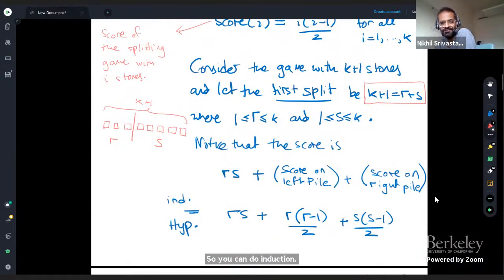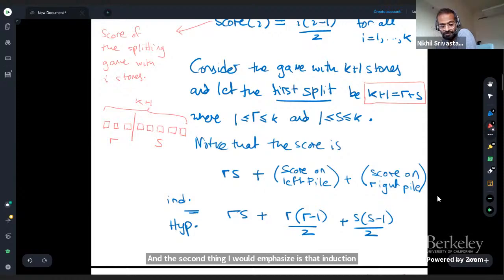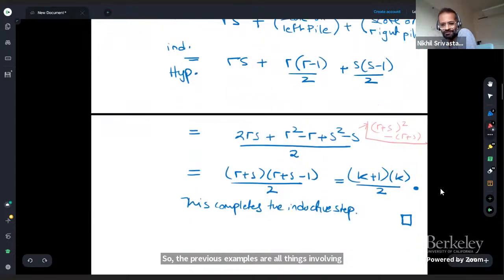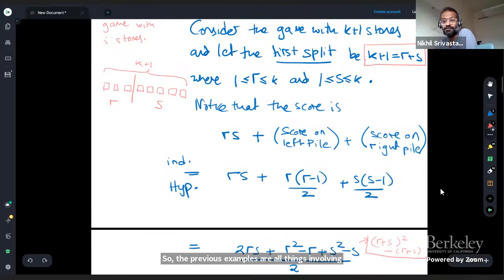And the second thing I want to emphasize is that induction is commonly used to analyze games, to analyze strategies for games. So the previous examples were all things involving numbers. I'm doing this to emphasize that you can use induction to analyze other processes.